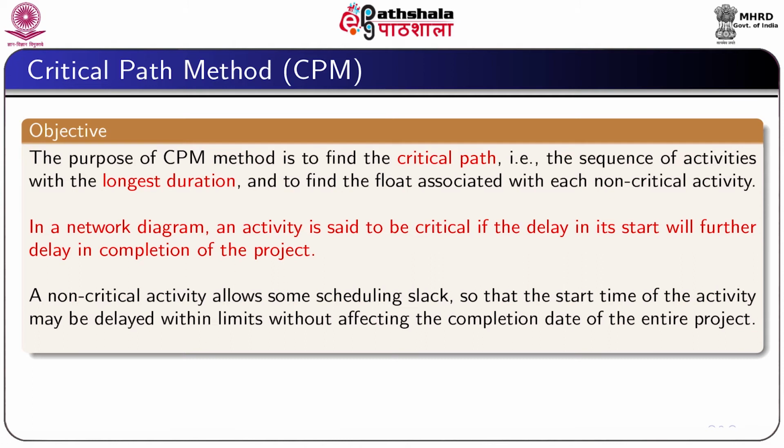An activity in a network diagram is said to be critical if any delay in the activity actually delays the completion of the project. A non-critical activity allows some scheduling slack so that start time of the activity may be delayed within the limits without affecting the completion of the entire project.